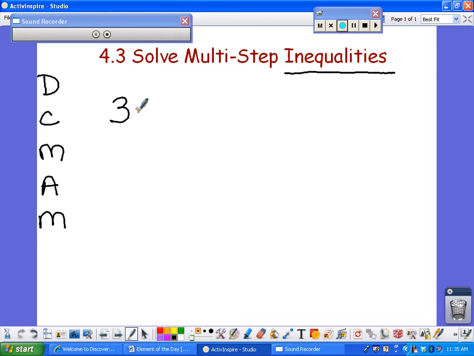Let's say that we have 3x minus 7, and we're saying that it's less than 8. Okay, so we've always told you that you should add or subtract first. Because we don't have anything to distribute, we don't have anything to combine like terms, we're not able to move the symbol to the other side because it's attached to things, so we need to add or subtract.